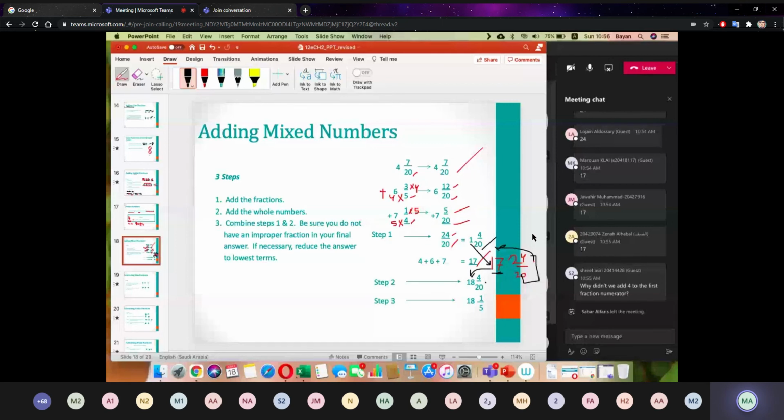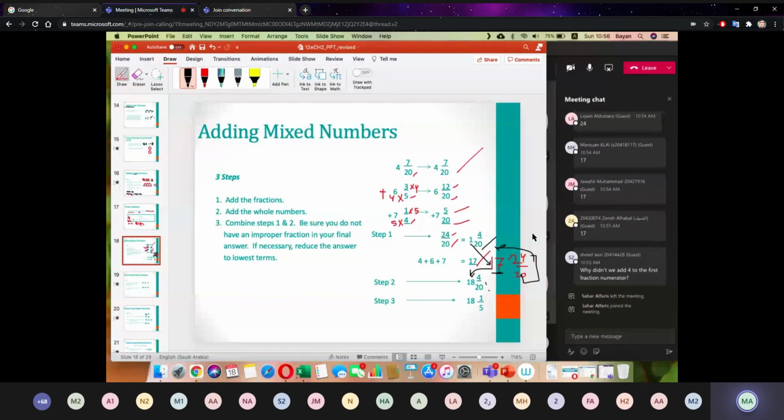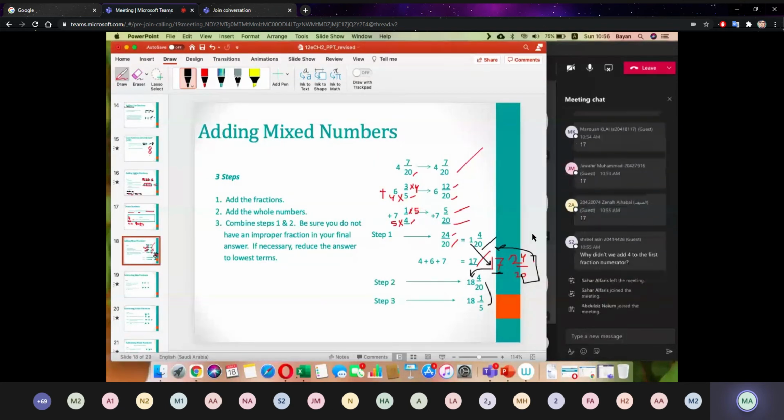Also, you can reduce it to the lowest term. It will be 1 over 5. So we have 18 with 1 over 5. Always reduce your value to the lowest term. He will ask you in the exam to reduce your value to the lowest term. Clear?